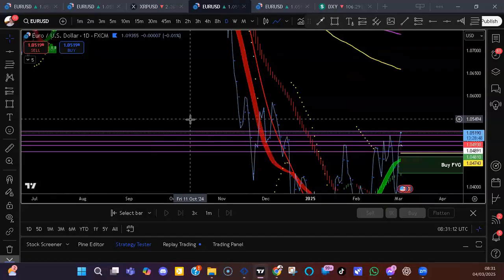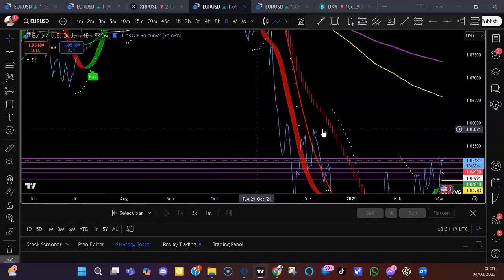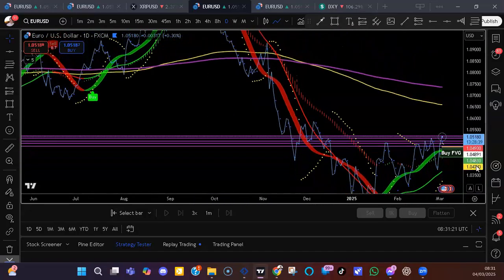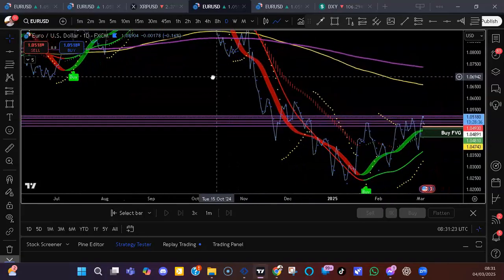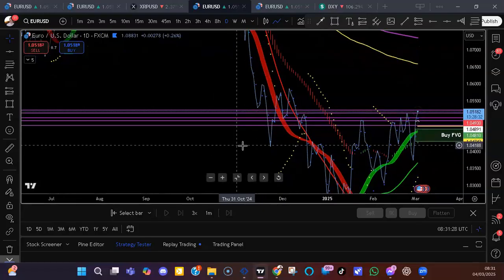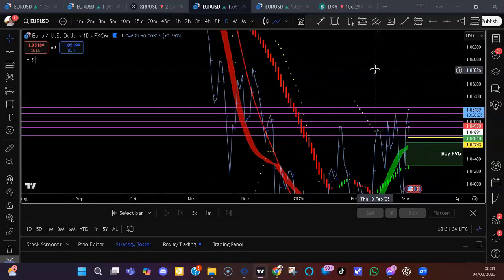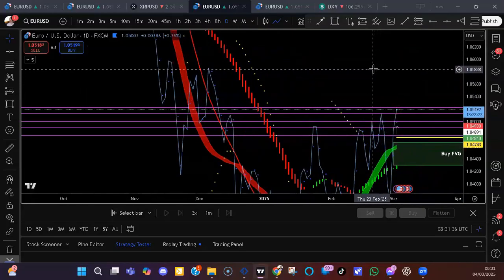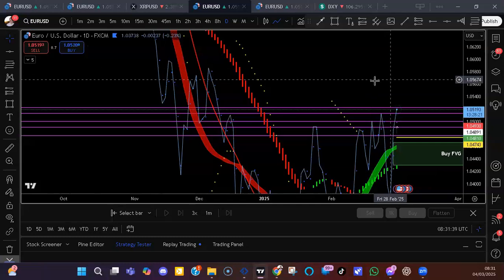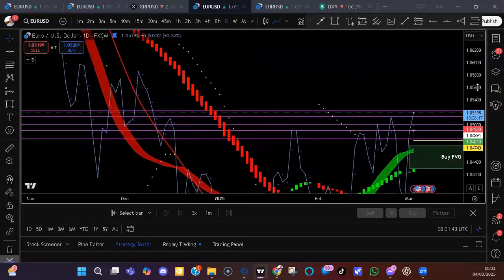Price indeed could be getting up to these areas here on the daily time frame, regaining strength as the dollar weakens. I think it's reacting after the Trump tariffs imposed on Mexico and Canada, which has weakened the dollar.